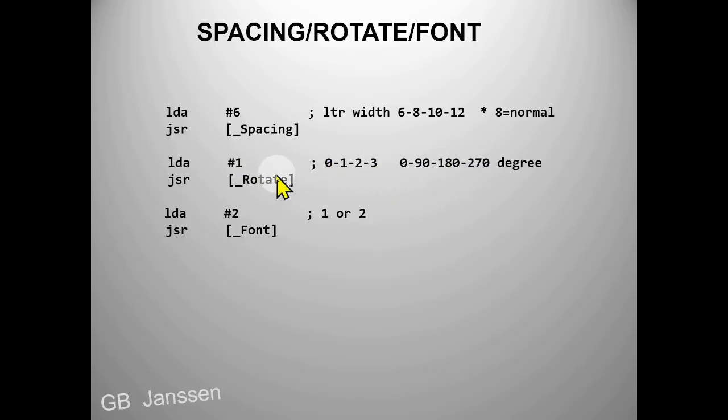Once you change it, it stays there until you change it to whatever, back to 0 or whatever you want. Font is either 1 or 2. We looked at all the different things in them, control characters from 0 through 1F. Remember, with font 1 or font 2, that's how you select the different fonts. Jump to those routines. Again, all 3 of these stay as your default until you change them. Nothing else will change them.